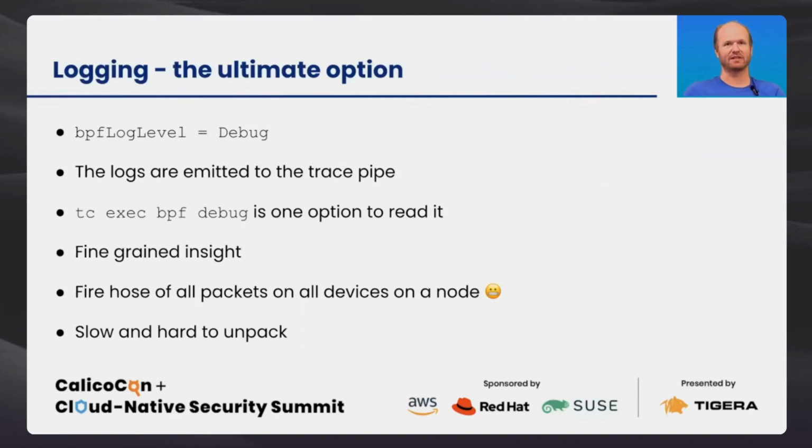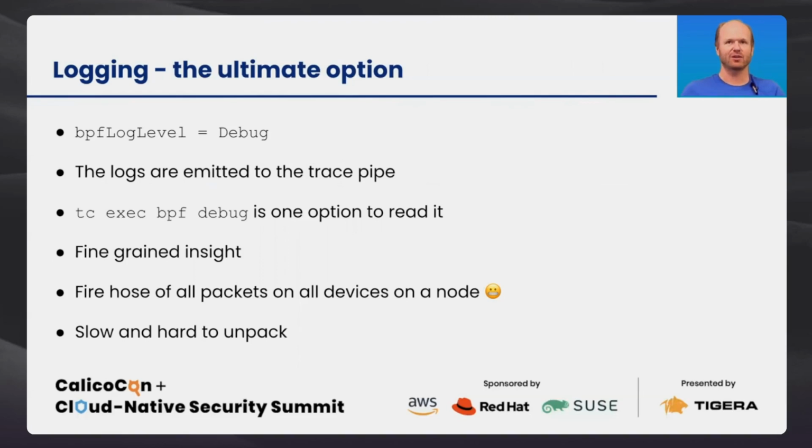Sometimes it can happen that none of what I've talked about before will help you to troubleshoot your issue. The ultimate option here is logging. We can turn on logging of the eBPF programs, which gives you traces of how the packets go through those programs.